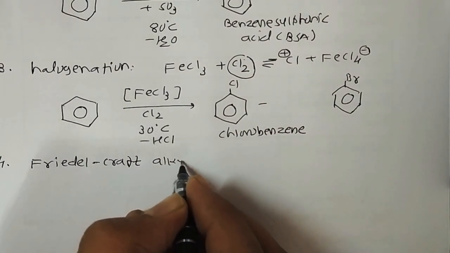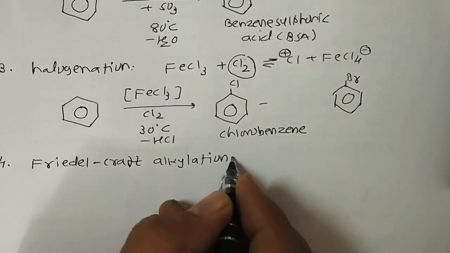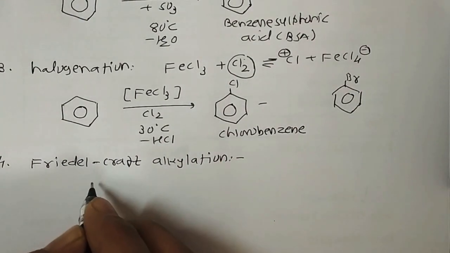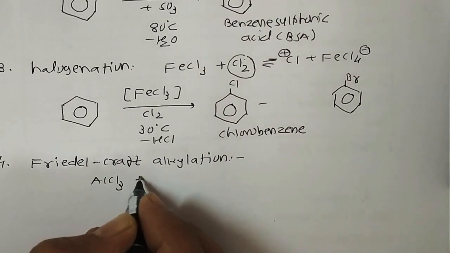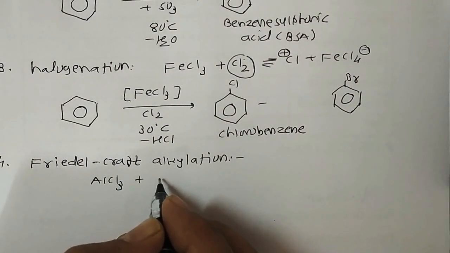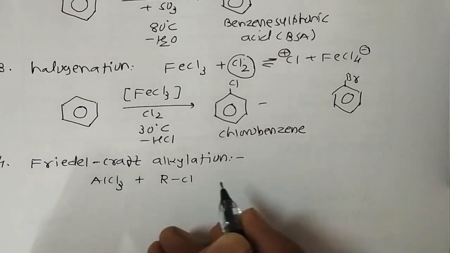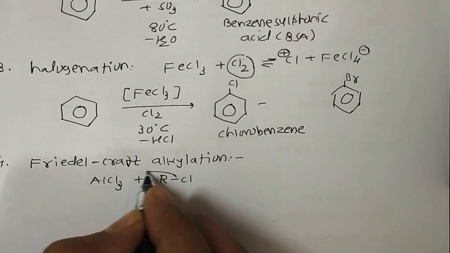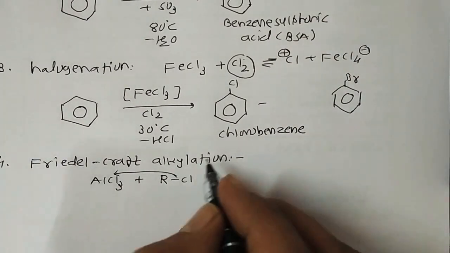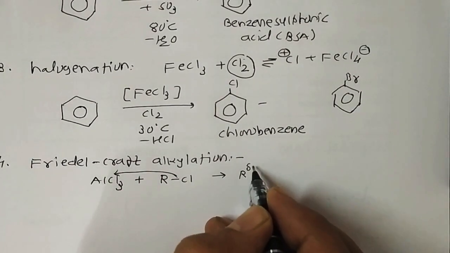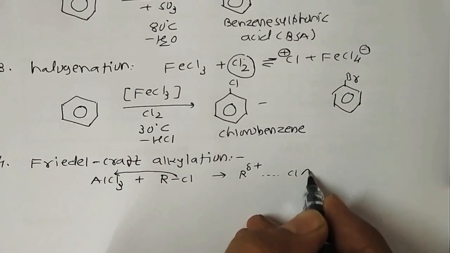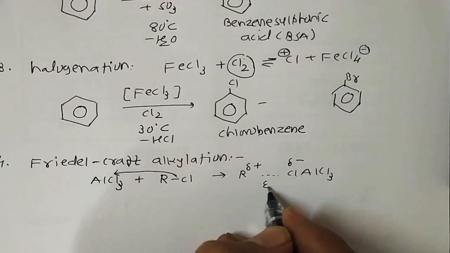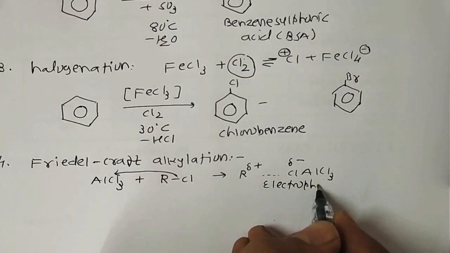In these Friedel-Crafts alkylations, we have to take AlCl3 as our catalyst, and react with, for example, RCl, meaning methyl chloride or ethyl chloride or whatever. This RCl is polarized in nature, R delta plus and Cl AlCl3 delta minus. So this is one type of electrophile.